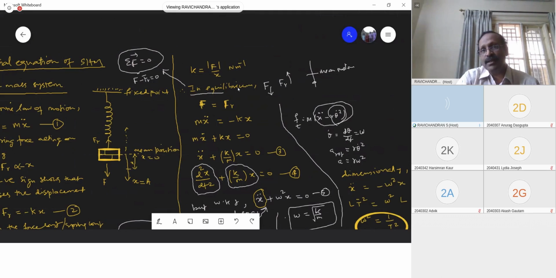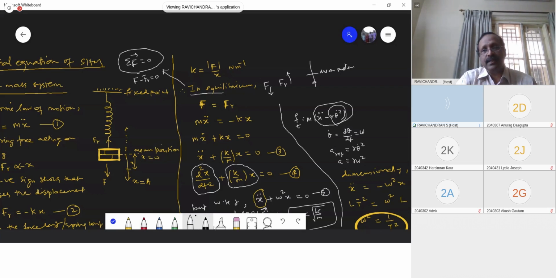When I say equilibrium, what I mean is that the restoring force at any instant of time balances the applied force. It does not refer to any mean position, but it refers to both the forces balancing at that point. So you will be clear if I write it this way. Look at this.